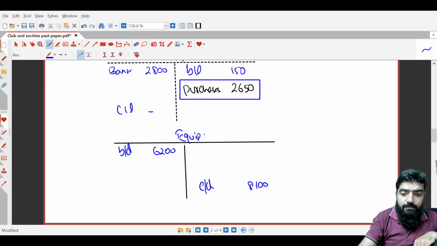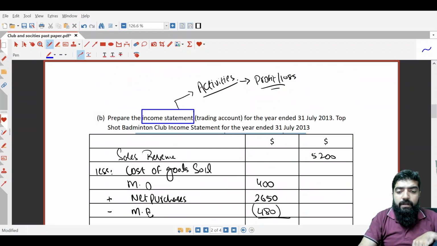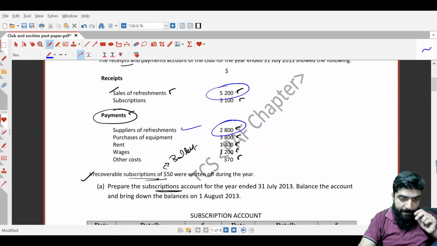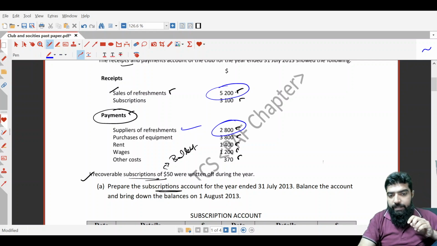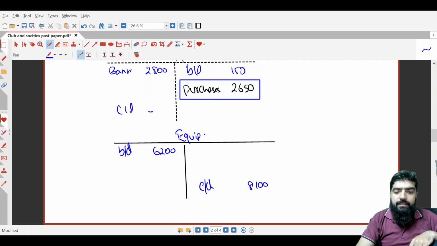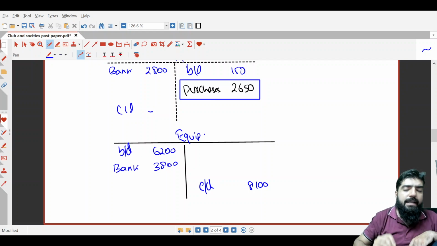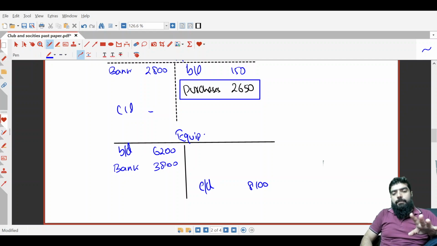Now, during the year, we bought another equipment, and the cost of that equipment is 3,800. So 3,800 is the purchase of equipment, and it will be debited. Now, there is no other information given.